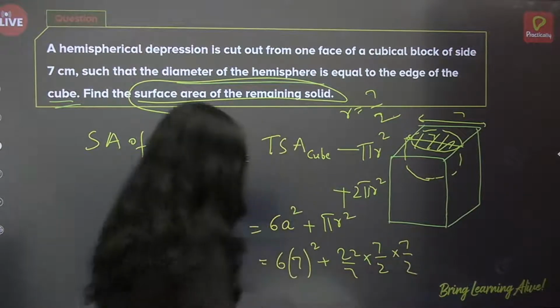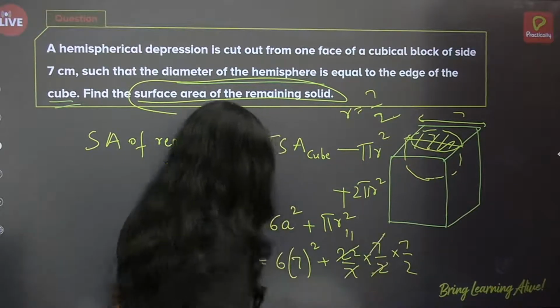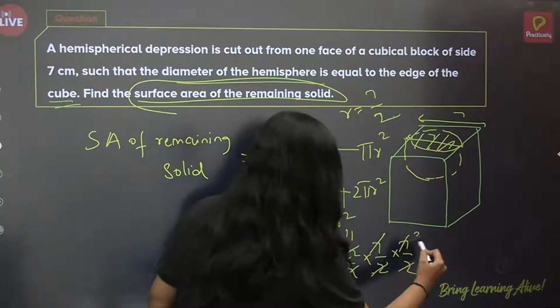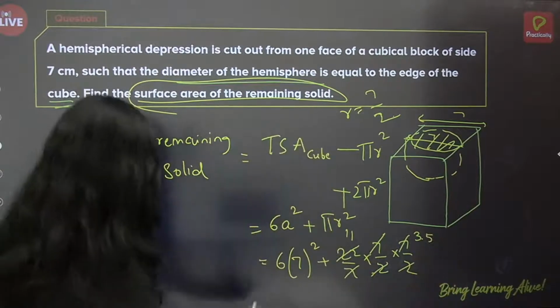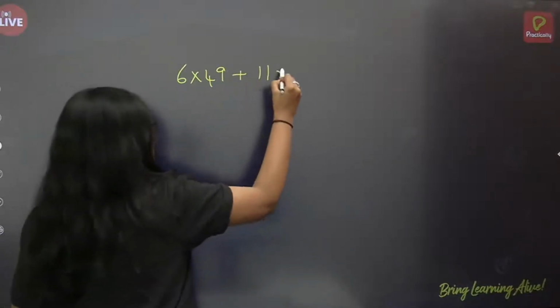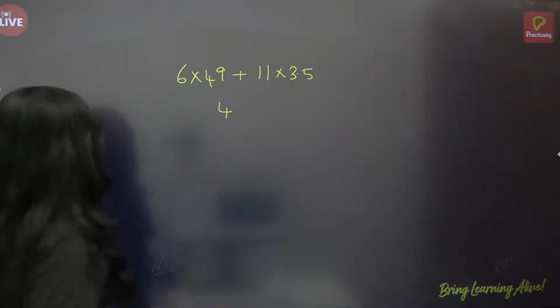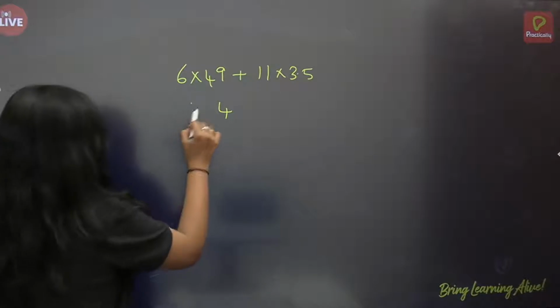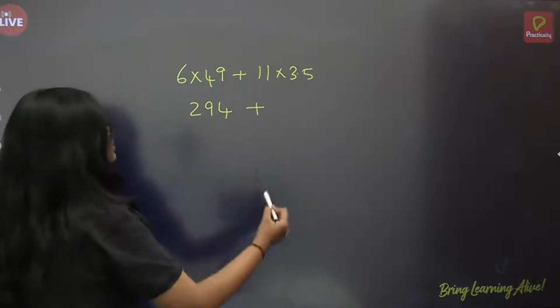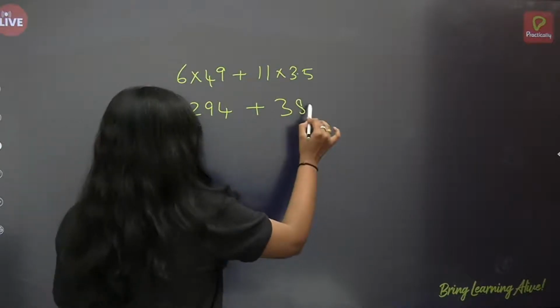So, this will be 2 times 11 into 3.5. So 6 into 49 plus 11 into 3.5. So this is 6 nines are 54, 6 fours are 24, plus 5, 29, 294, plus 11 into 3.5 is 38.5, correct?